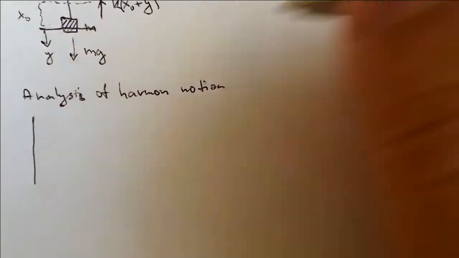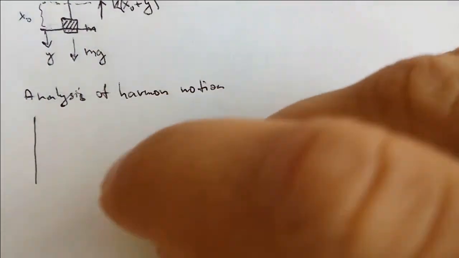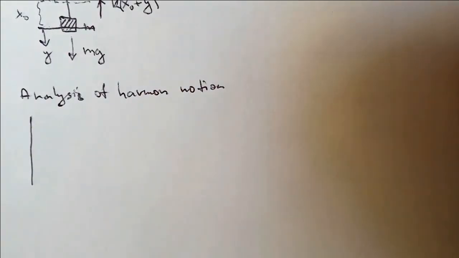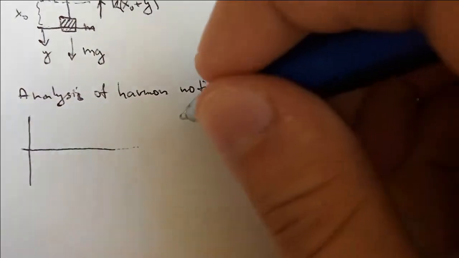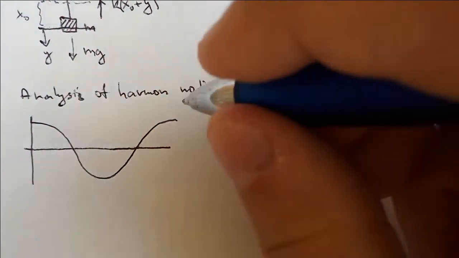Let us suppose that something, it can be a bob attached to the spring, or it can be a pendulum. The end of the pendulum in first approximation is moving up and down, and this motion we will describe by a cosine function, because this motion is periodic, and this is called harmonic motion.